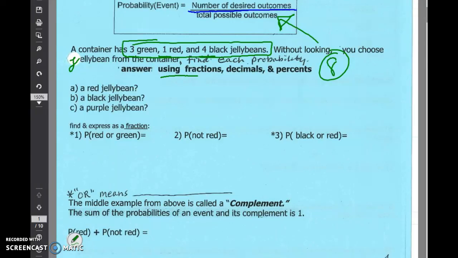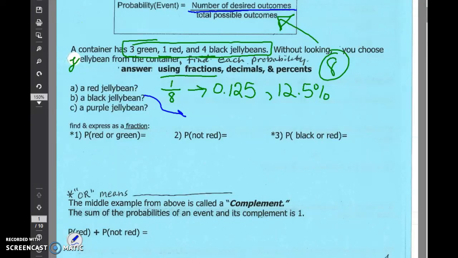Next, when we write our answers using fractions, for the red jelly bean, the number of desired outcomes is 1 over 8. And as we just did a warm-up recently regarding fractions to decimals to percentages, that is the decimal 0.125 and the percentage is 12.5%.